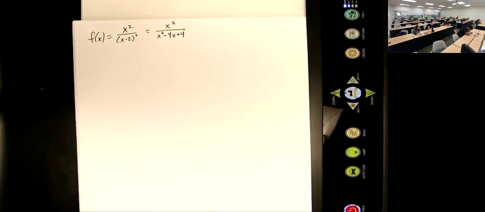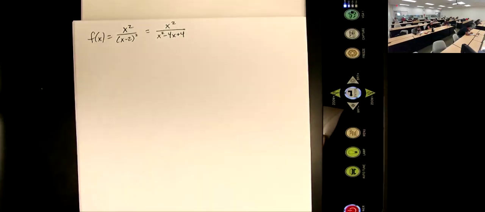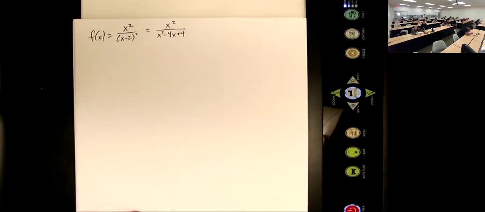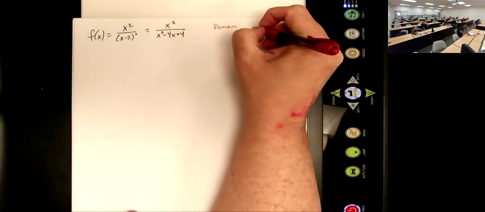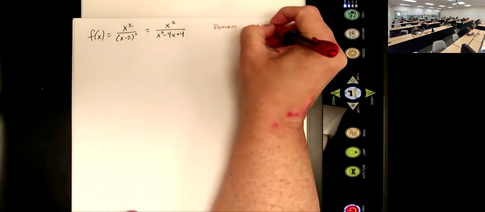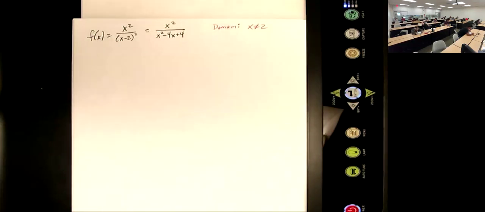But the first one helps us find our domain. So the domain: x cannot equal 2. Every other value should work.